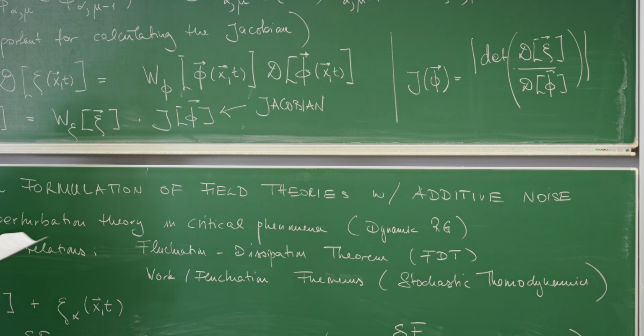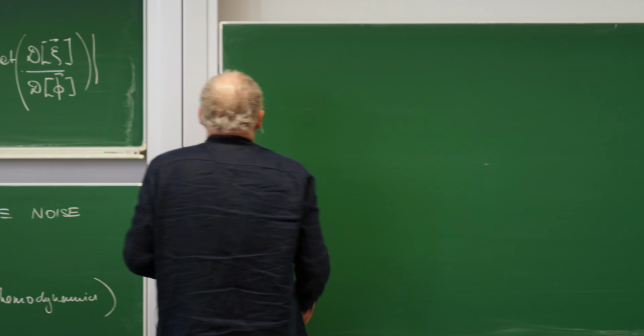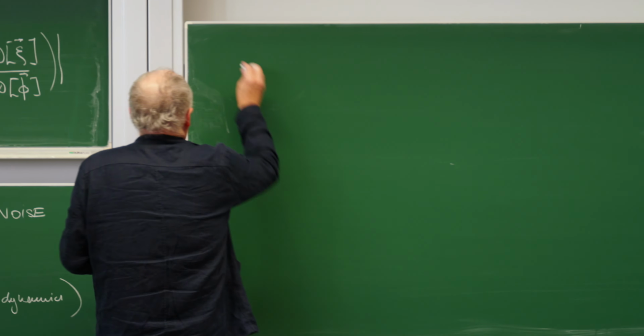Good. What I'm not going to do in the lecture is to calculate this Jacobian. You see this in the notes. We will not use it really during the whole calculation. So it would just be sidetracking us quite a bit. So we just leave it. And I'll give you the result. So if you do the math, then you find that the Jacobian is the determinant of the exponential of minus theta times an integral over space and time dA of phi matrix d phi of x and t.